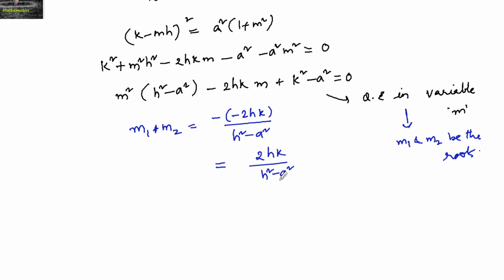This is m1 + m2. So m1 + m2 is nothing but tan alpha + tan beta. Let us consider this equation to be 1.